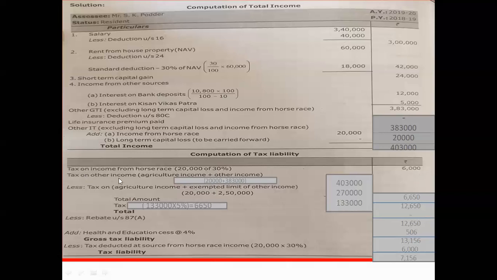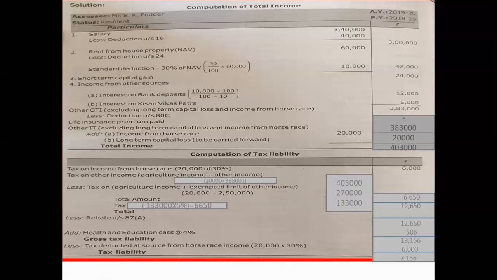Now tax on other income. So we have agriculture income plus other income. First we need to take the total other income: 20,000 from agriculture and other income of 3,83,000. Why 3,83,000? Total income is 4,03,000. From that, we have already claimed the 30% tax on the 20,000 casual income. So the remaining is 3,83,000. So the balance is 4,03,000, and from that, tax on the exempted amount, that is agriculture income, is a tax-free income.